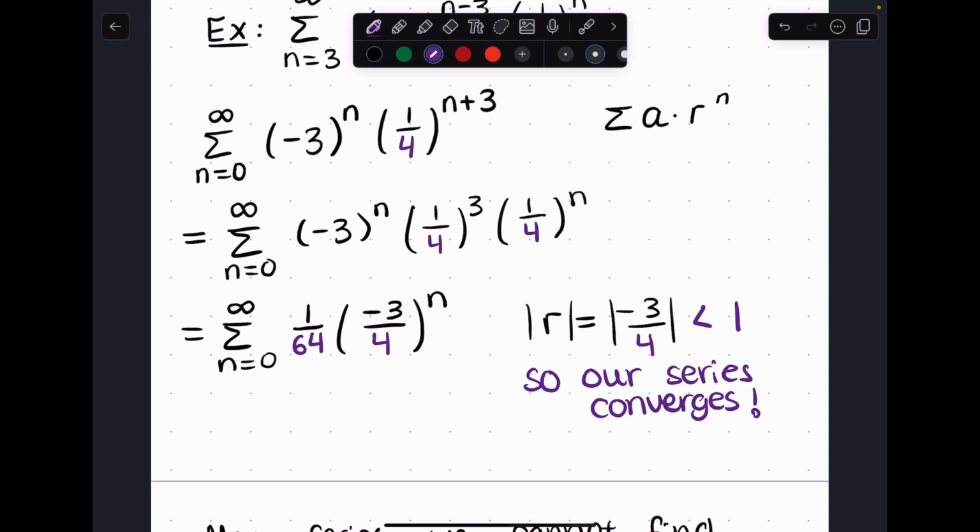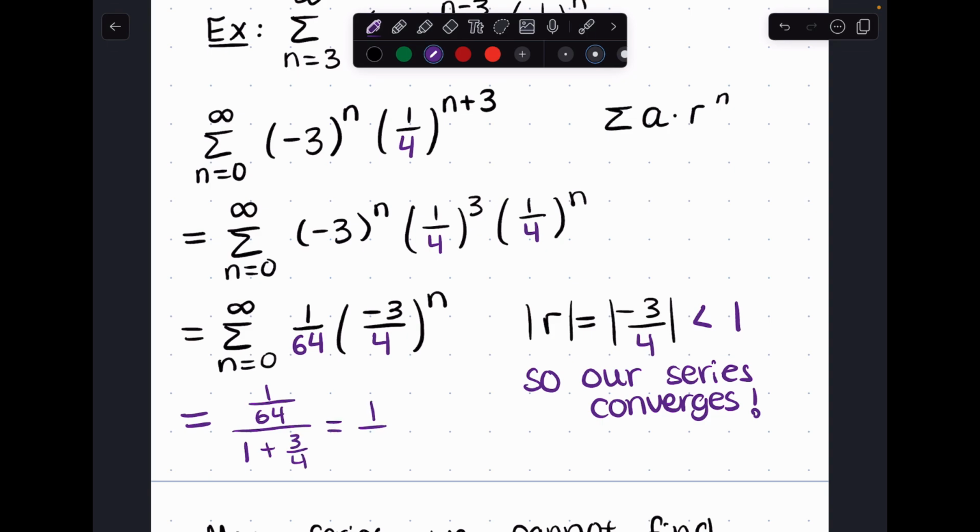To find the sum, we would just use our formula, and we're good to go to use our formula since n starts at 0, where we have a, 1 over 64, divided by 1 minus r, so we get 1 plus 3/4 because the 3/4 is negative.